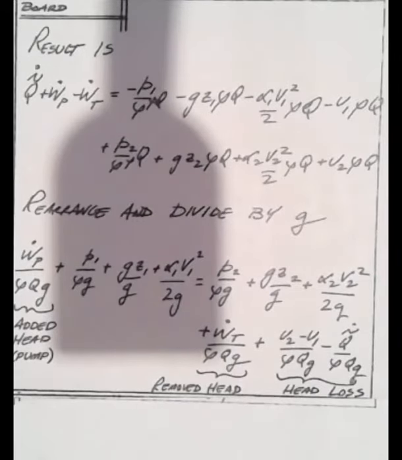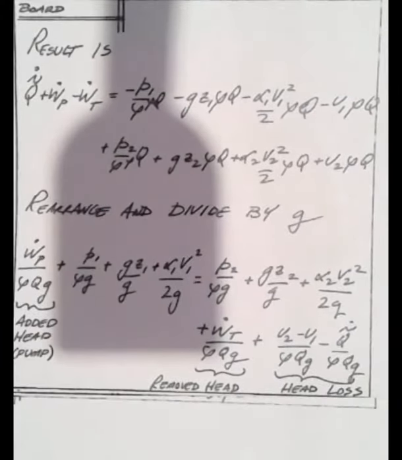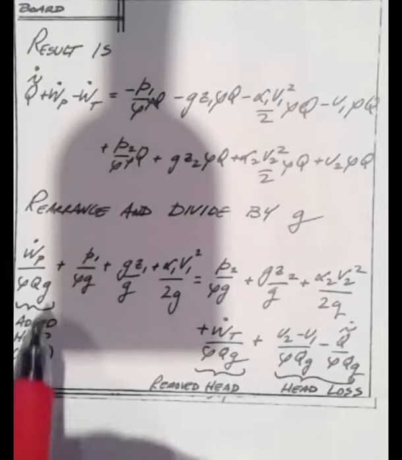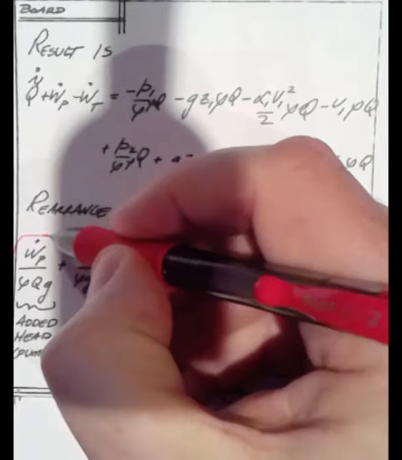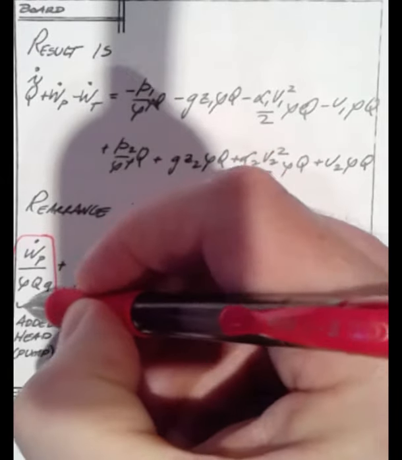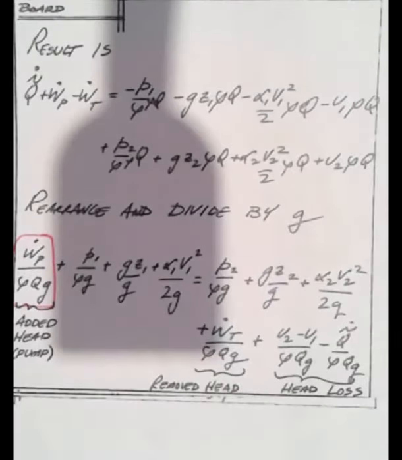Okay, I've written it this way for important reasons. This is how we'll find a practical use, or I think a practical use. This part right here, in that flow system that we had a few pictures ago, represents the added head, or the added energy to the system. So that would be the added head of a pump.